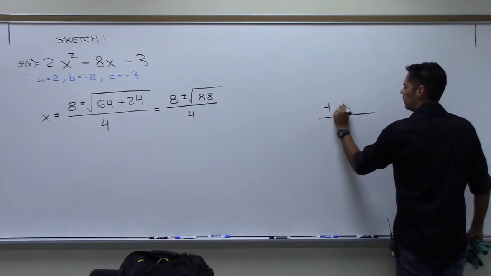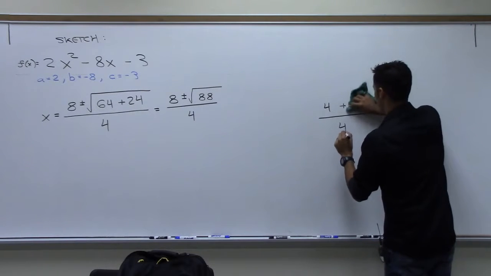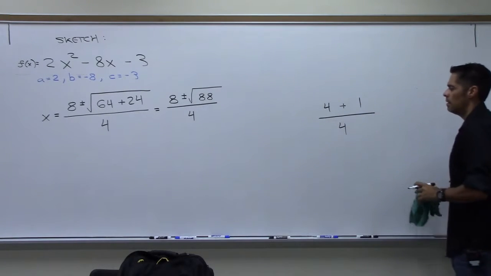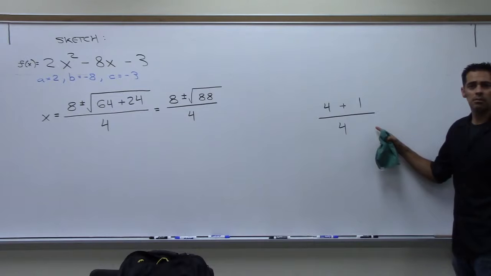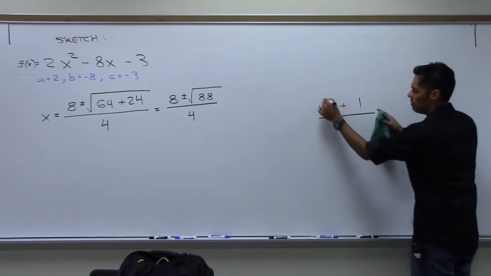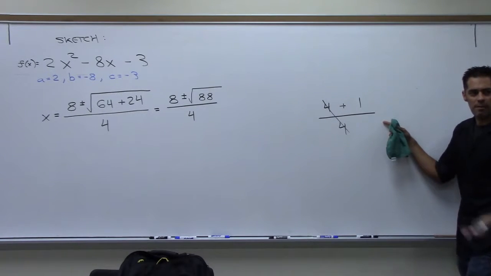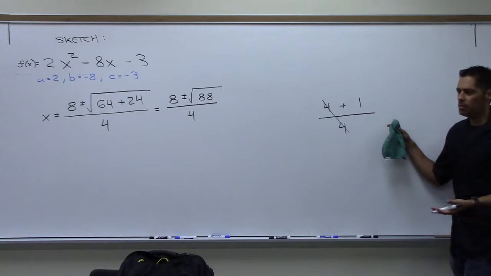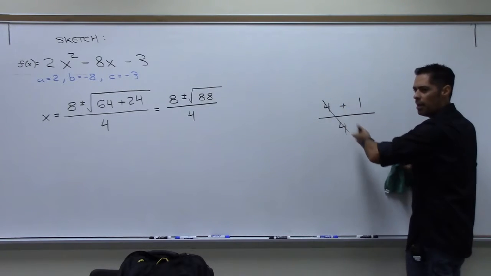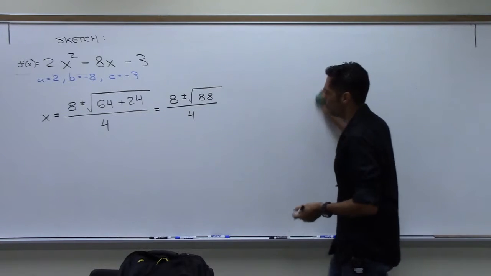Let me do it this way. Isn't this the same as 5 over 4? This is 5 over 4, isn't it? But if you think that you can just do that, then you're really saying that this is equal to what? 1? 5 over 4 is not 1, right? So that doesn't make sense to do that.